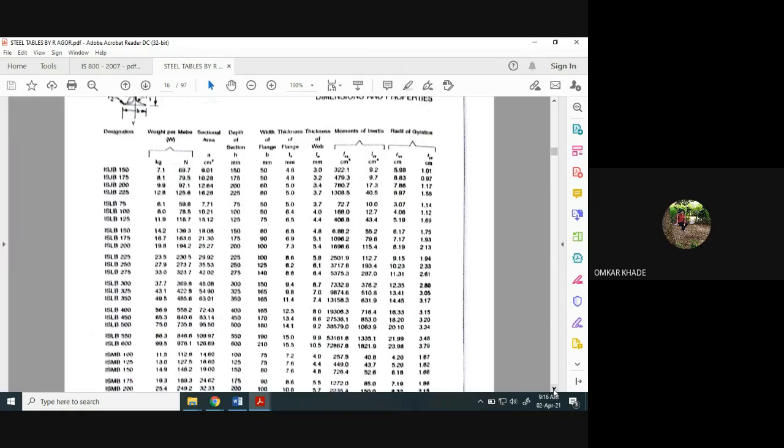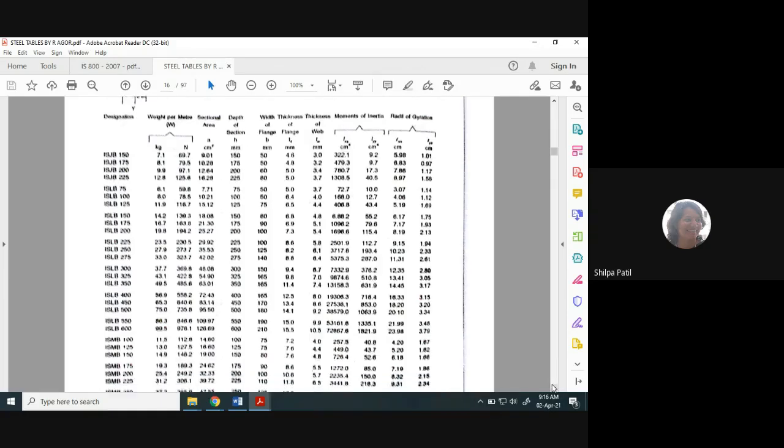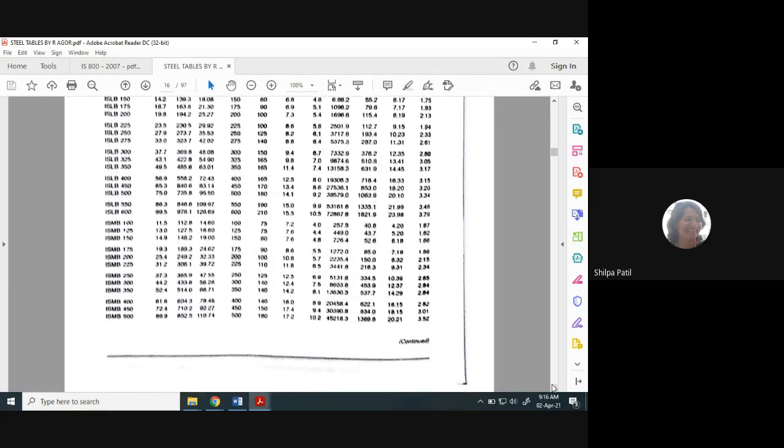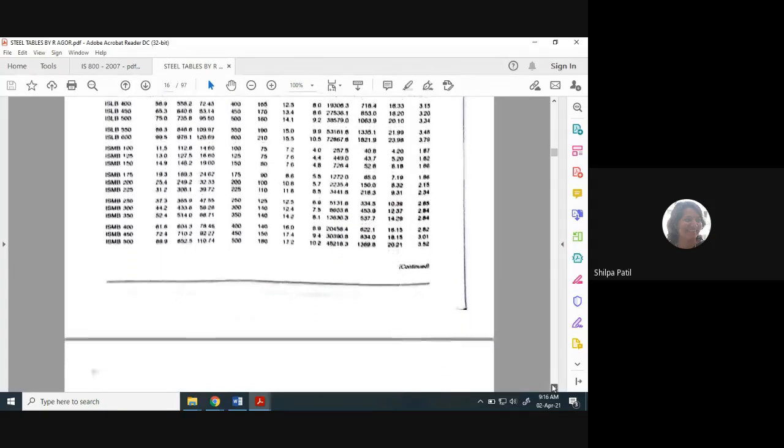ISLB 325, the area is 54.9. Okay, that also we can select.